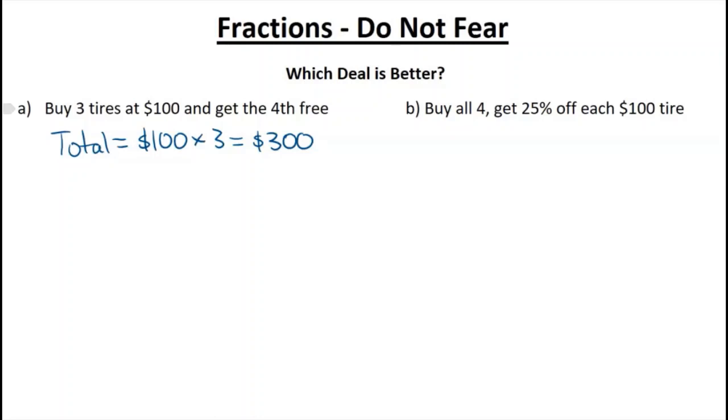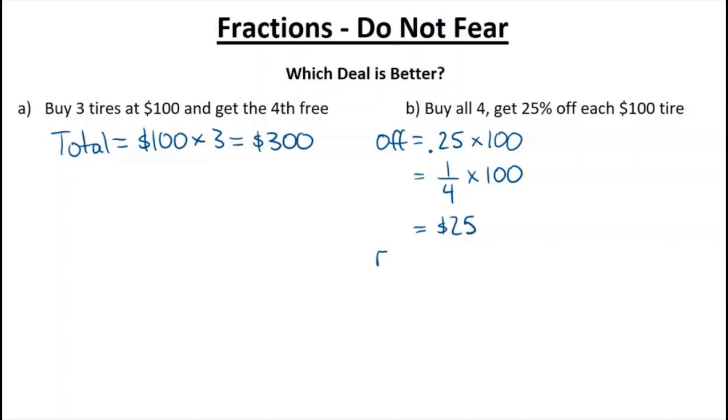What happens if you get 25% off a $100 tire? Well, 25% off is the same as 0.25 times $100. So how much are you getting off of each tire? Another way to write 0.25, just so we think about fractions here, is a quarter. A quarter of $100 is $25.